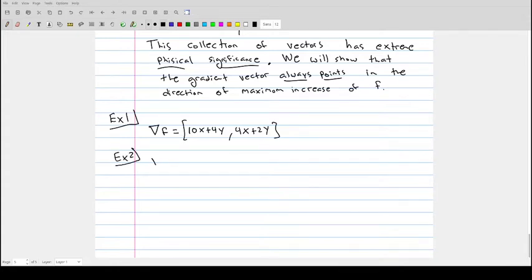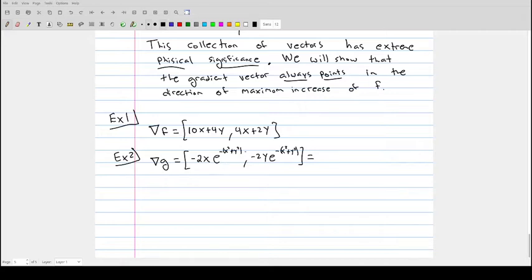For example 2, I think we used g. The gradient of g will be the function negative 2x e to the negative x squared plus y squared, and negative 2y e to the negative x squared plus y squared, which we can simplify using some of our vector algebra from a previous calculus course.